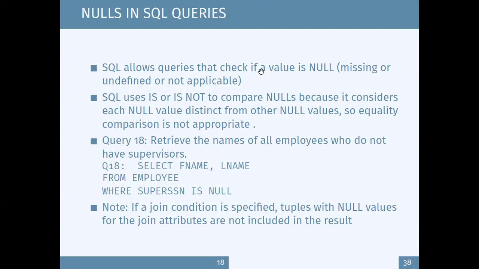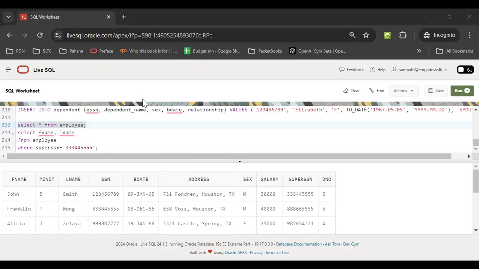Okay, let's practice this. Otherwise, some might not understand. When I say select all from employee, we get all the employee details. You can see we have the employees' names and their supervisor social security numbers.